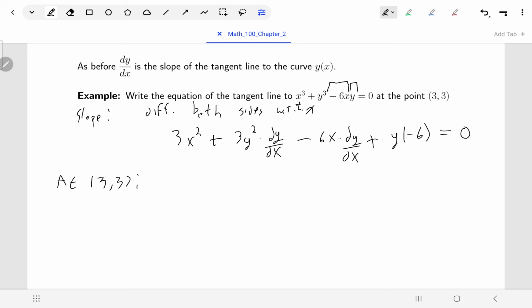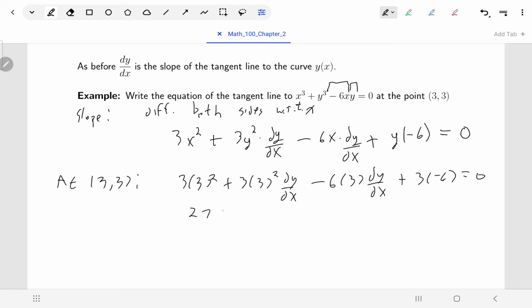When I put in 3 for x and 3 for y, I've got 27 plus 27 dy dx minus 18 dy dx minus 18 equals 0.